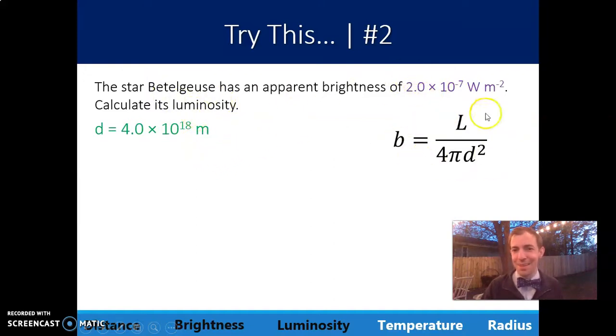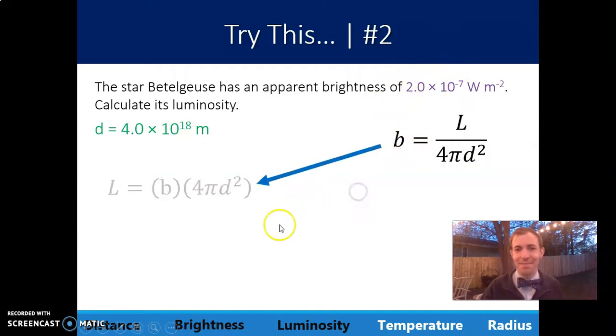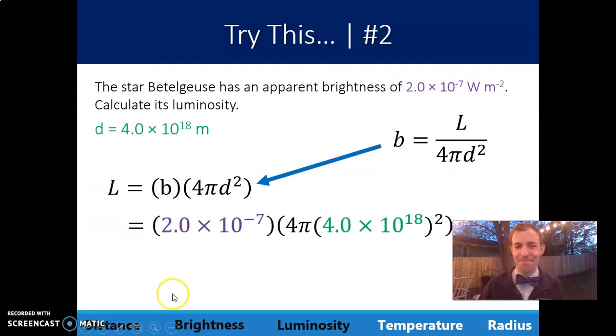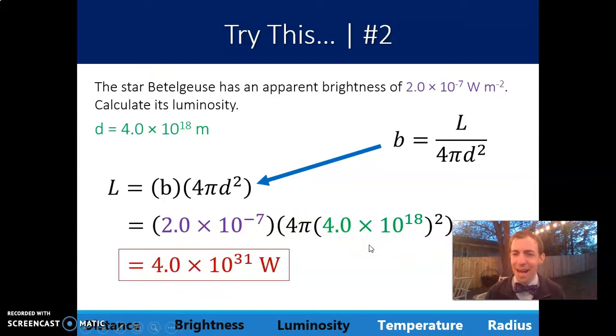So we take this equation and plug in our brightness and our distance, solving for the luminosity, making sure that we are using that 4 pi r squared. We can calculate that the luminosity is about 4 times 10 to the 31st watts. That is a huge amount of power being emitted by the star Betelgeuse.